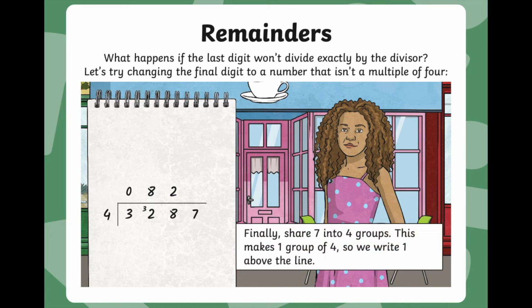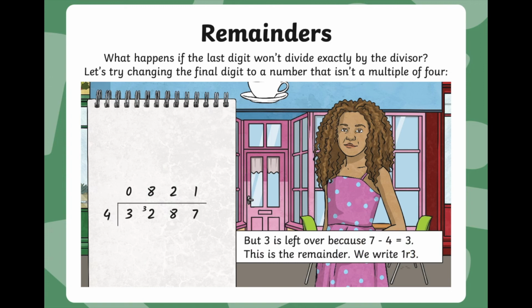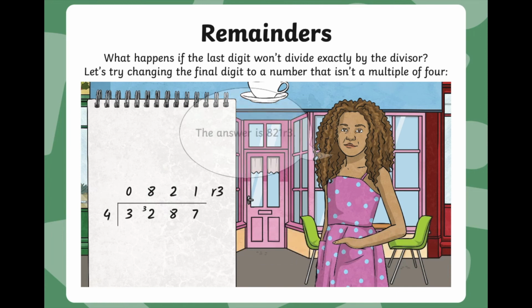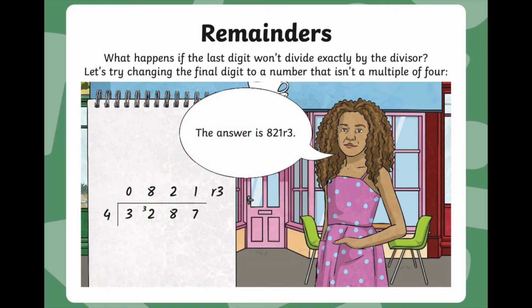This makes one group of 4, so we write 1 above the line. But 3 is left over because 7 take away 4 equals 3. This is the remainder. We write 1R3. The answer is 821, remainder 3.